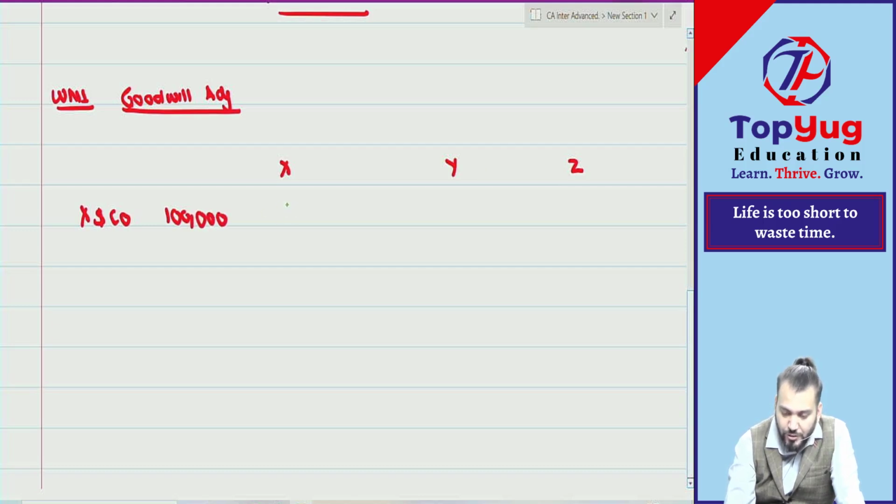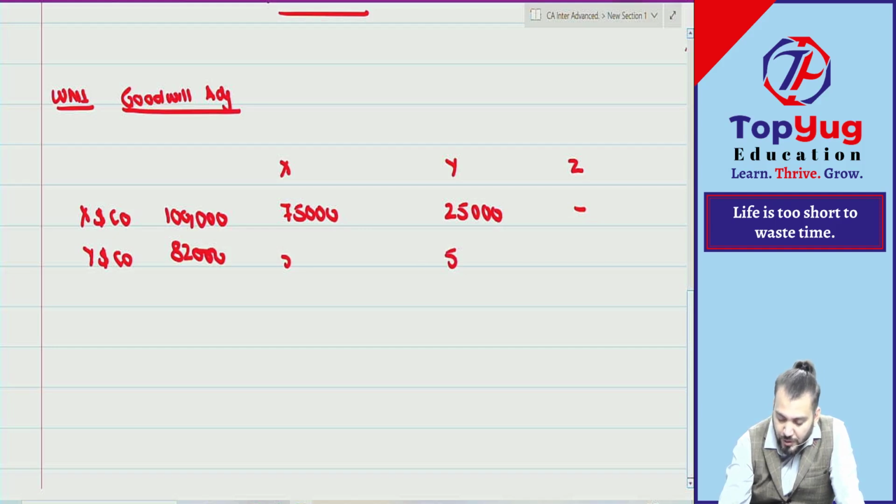It will be 75,000 and 25,000. Then which company? Y and Z, and how much goodwill? 80,000. Allocate: 54,667 and 27,333.